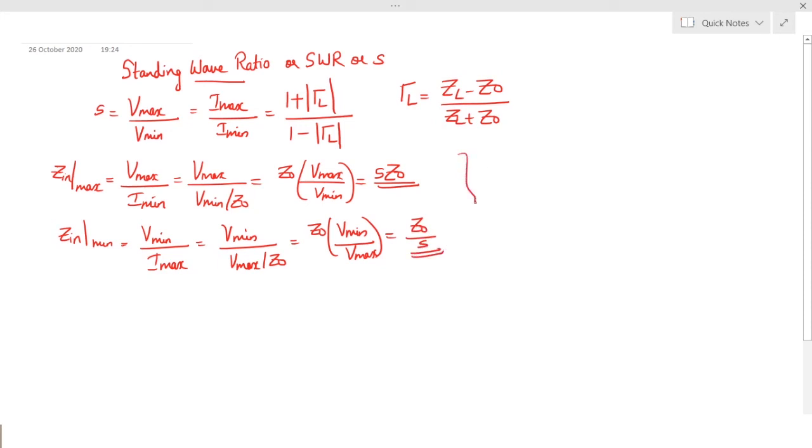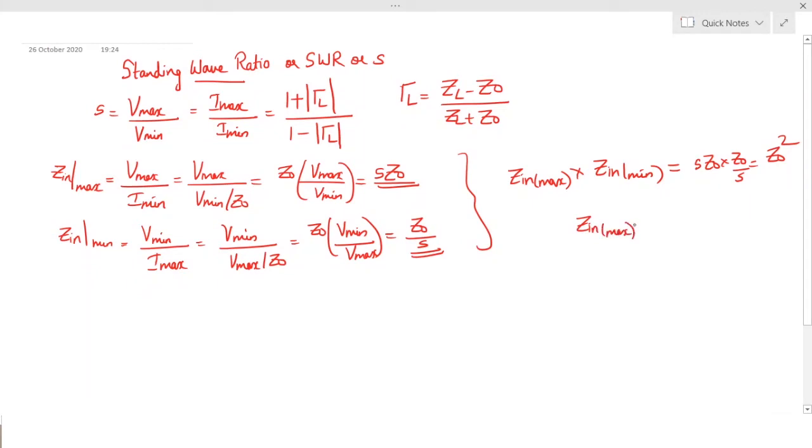So from these two you can derive the equation: Zin max into Zin minimum, maximum impedance into minimum impedance, will be S Z0 into Z0 by S. It will be Z0 square. This is an important equation. You should remember that also.